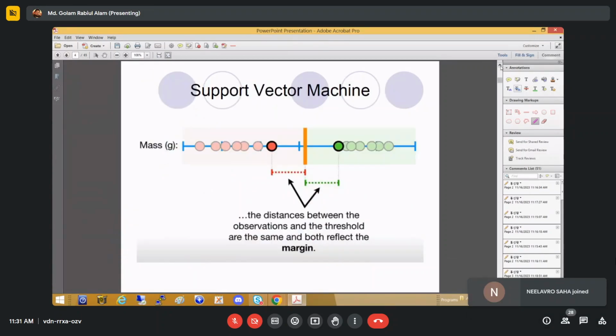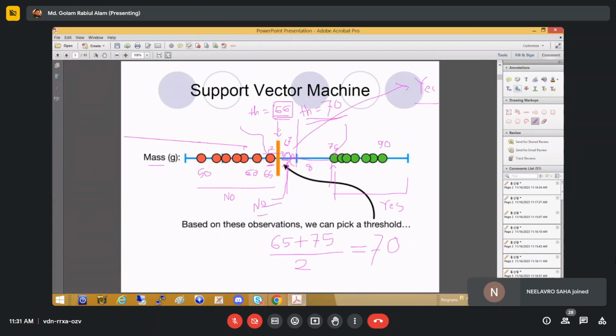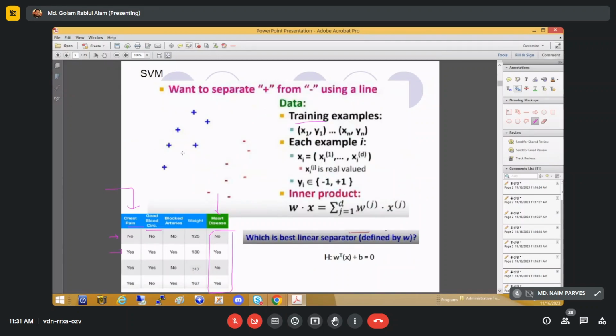For 1-dimension, just a threshold is enough. Just a point is enough to separate positives from negatives. If we have 2-dimensional data, with an x and y axis, then a point is not enough to separate the positives from the negatives.